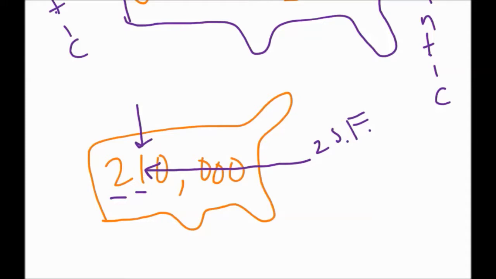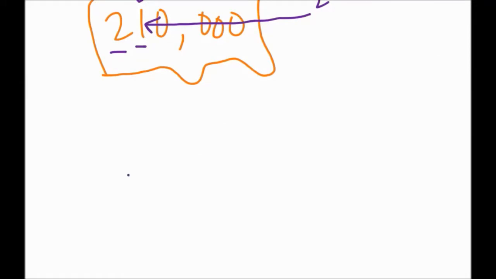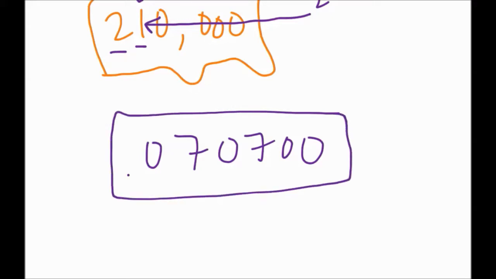There's one more example I've given you on your sheet, and that is 0.070700 grams. You can see that my drawings of the United States are pretty bad. So instead of drawing the United States, I'm just going to draw a box to represent the US.